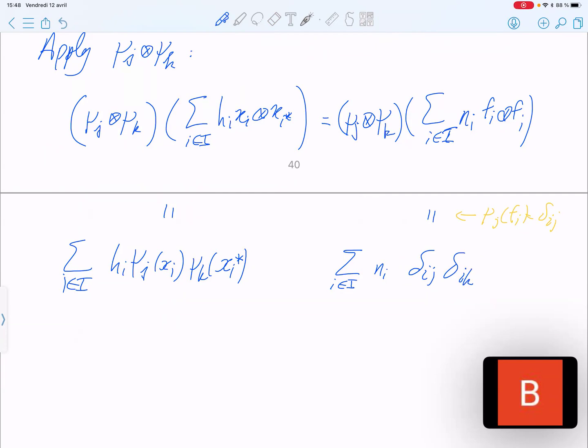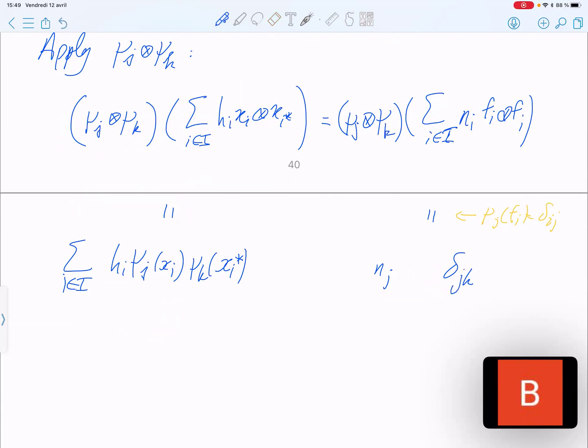So we can just replace. We only need j, and in fact we can take g equal to j like that.